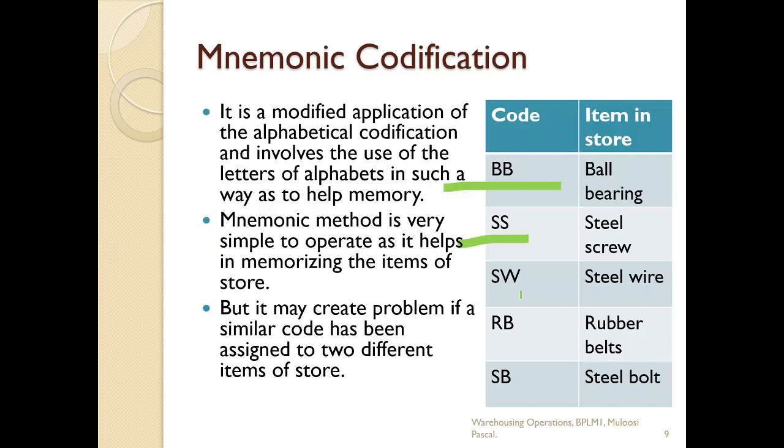Steel bolt, SB. Now the challenge comes when there are other items which also have the same letters. For example, if there's a steel brick, would you refer to it as SB also? Or you would have to look for some other letter to add on.